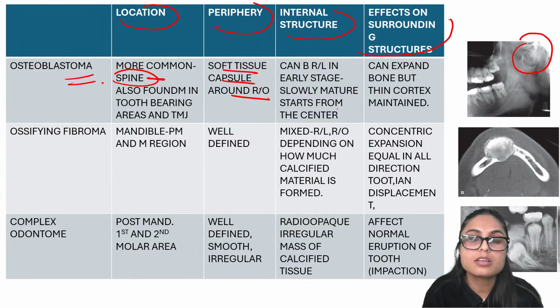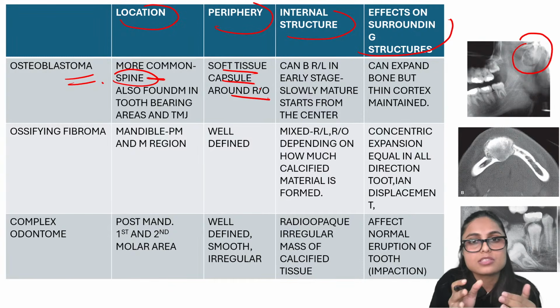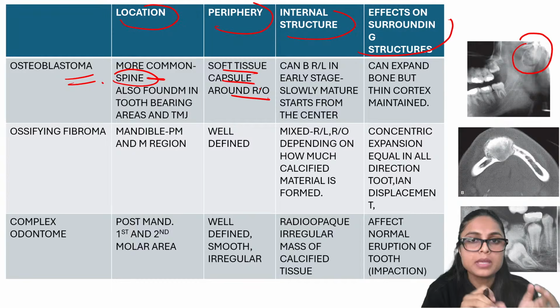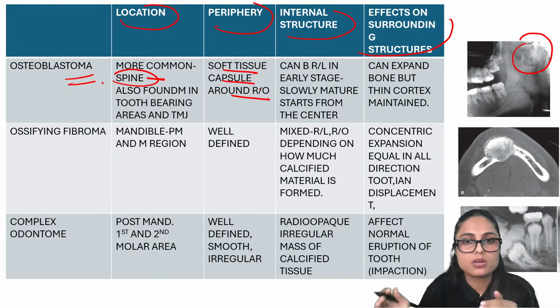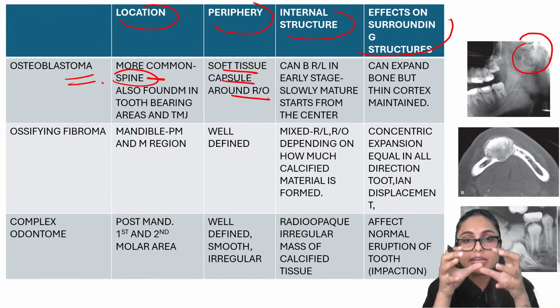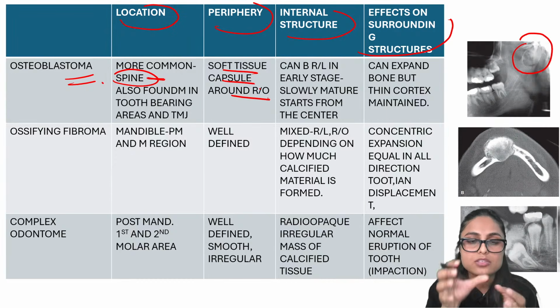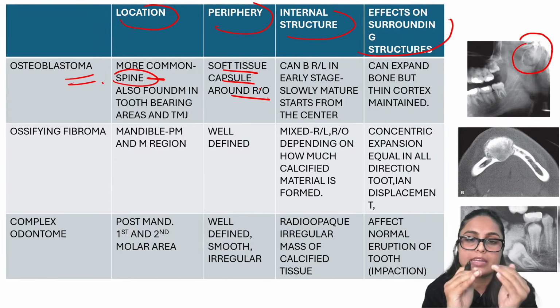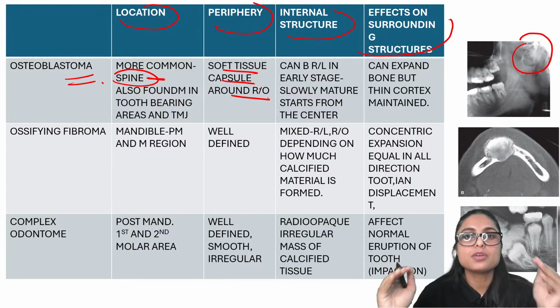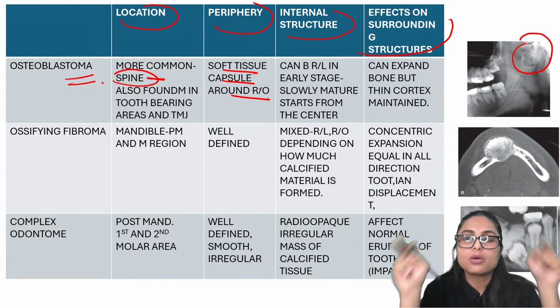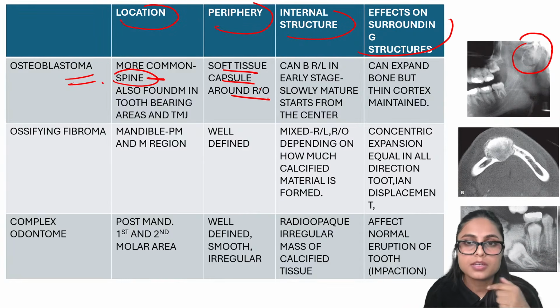For internal structure, in early stages you will see a radiolucent lesion, and as the lesion matures, it matures from the center. The center becomes radio opaque, then it matures centrifugally. That is why the outer layer remains radiolucent.